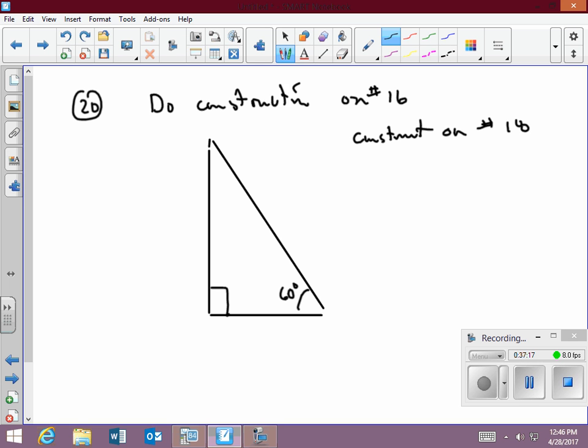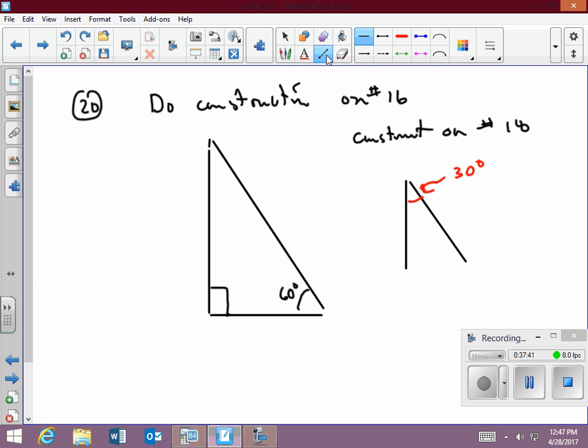18, where you do this, let's see, it was this one. And you get the 30-degree angle. This would be 30. And then do the bisector of it, and that would give you the 15-degree angle. And now you would do the copying of an angle.